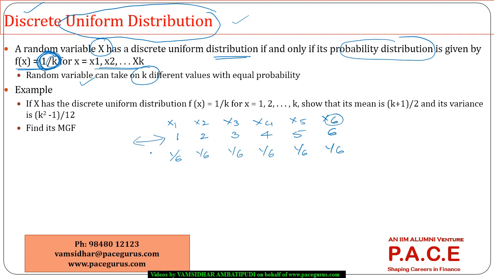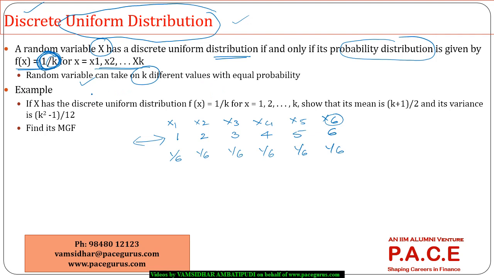So the random variable can take k different values, each with equal probability, which means the probability of occurrence of any single value is 1 by k.